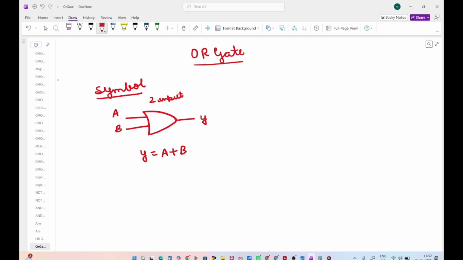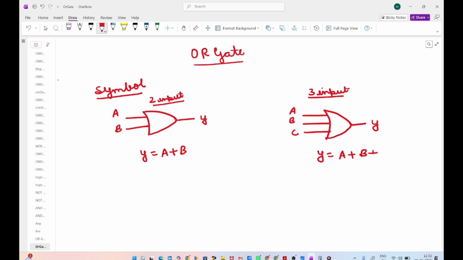Let us write three input OR gate here. Let this be A, B, C. Let Y is equal to A plus B plus C.